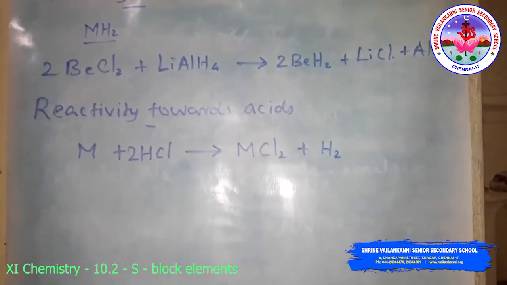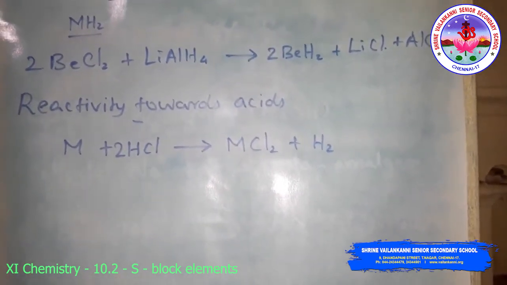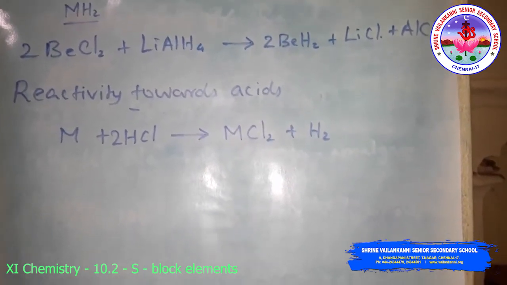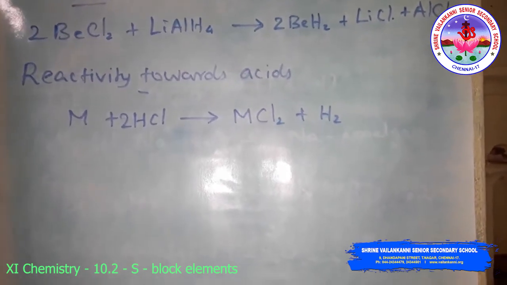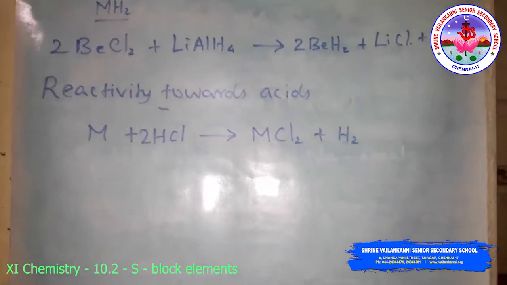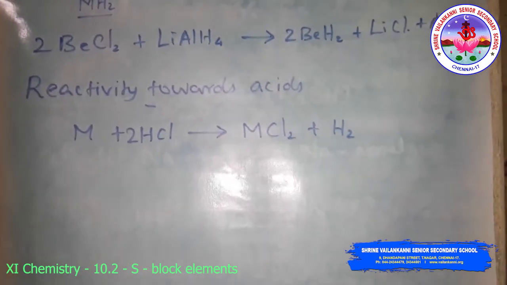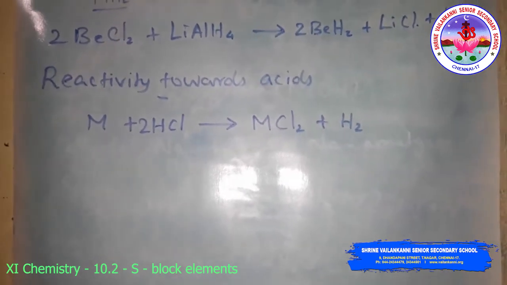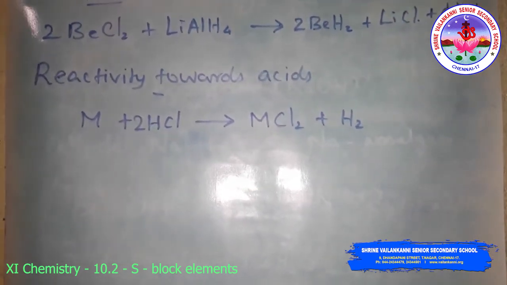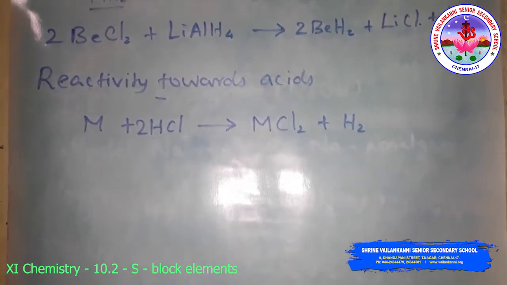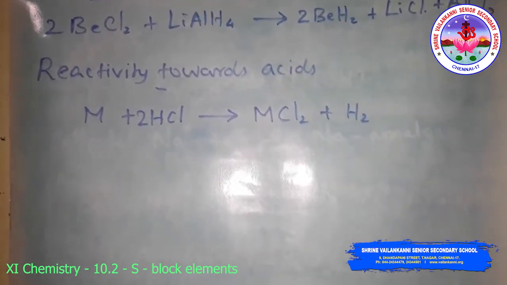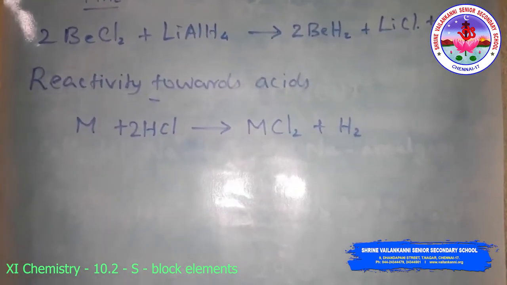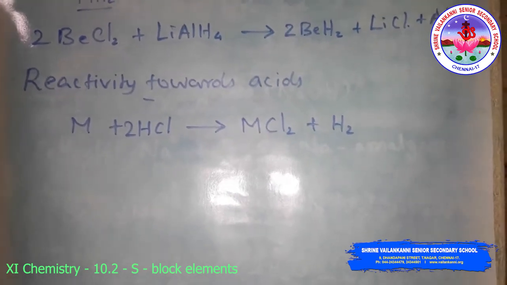Then the reducing nature: the alkaline earth metals are strong reducing agents because they have large negative values of reduction potential. The reducing power is less than that of the corresponding alkali metals. Beryllium has a less negative value compared to the other alkaline earth metals. This is due to the large hydration energy associated with the small size of the Be2+ ion and the relatively large value of the atomization enthalpy of the metal.